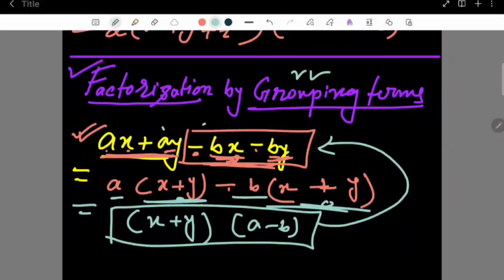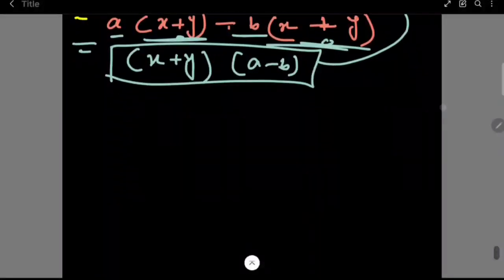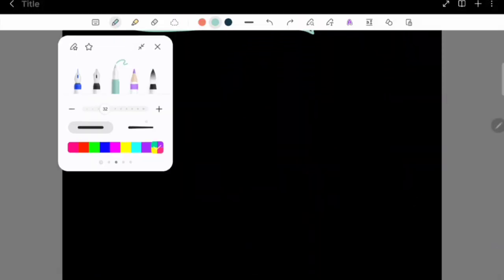Let us see another example. Suppose we have taken ab plus 5a minus 5 minus b.